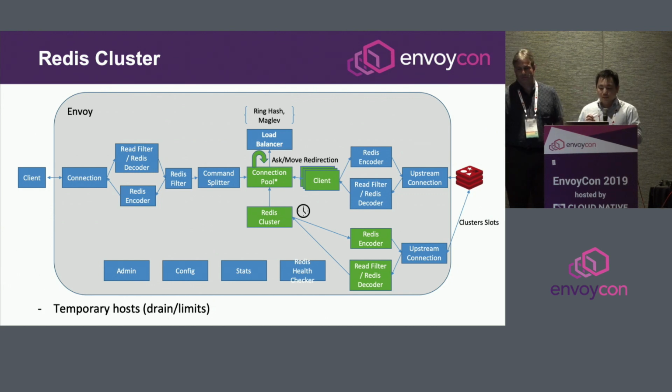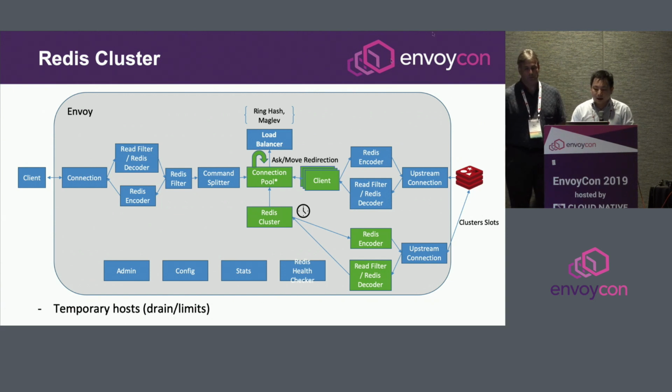So we implemented extensions that would handle the Redis cluster discovery. So on initialization, we would get some list of seed clusters, and then we make the Redis commands to those to call the cluster slots to get the topology. And then we use that to inform the connections.